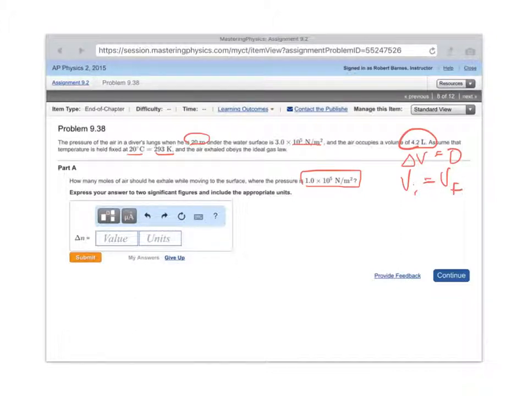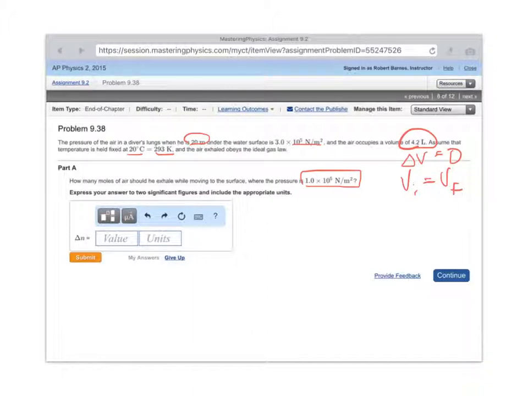So let's figure out how many moles are in the lungs to start with at 20 meters below the water. Then we'll figure out how many moles would have to be at the higher pressure, when the diver is at the surface, and the difference between those are the moles that the diver is going to have to exhale.